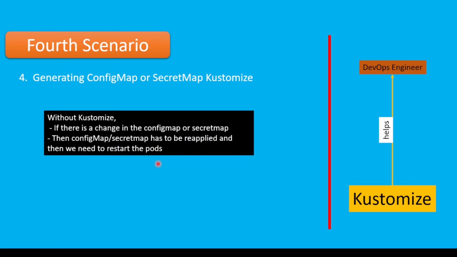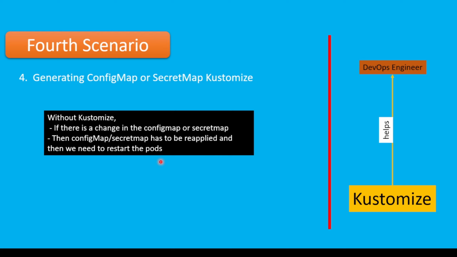So if you are creating a new config map without Kustomize, then every time you need to restart your pods or deployment. There are times when a DevOps engineer sometimes forgets to execute this process. That's why Kustomize will help: as soon as you run your customization.yaml, it will automatically apply your newly generated config map values into the running pods.